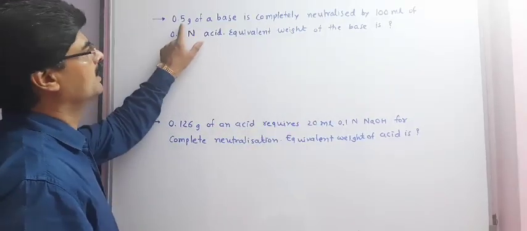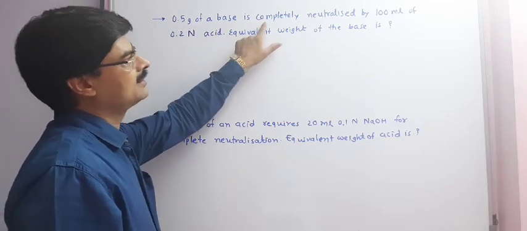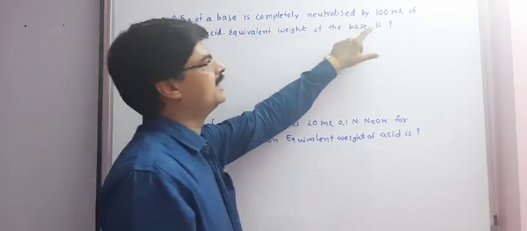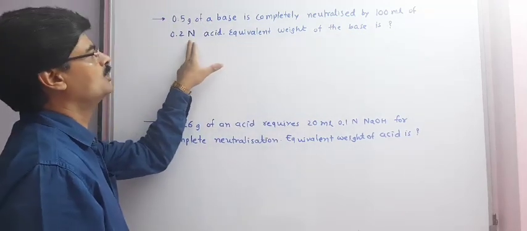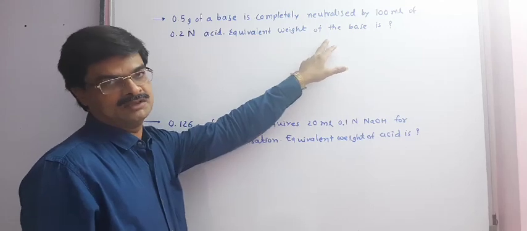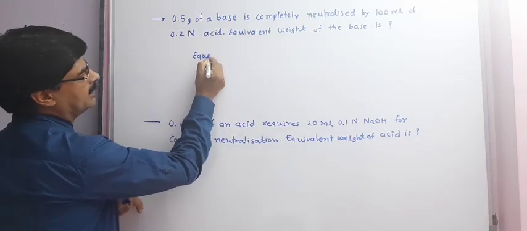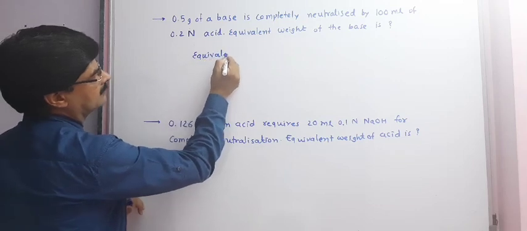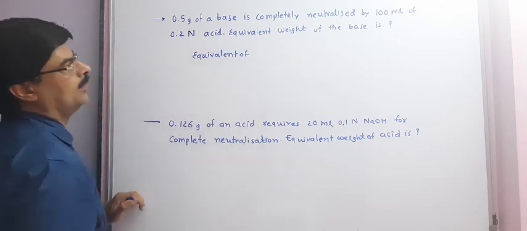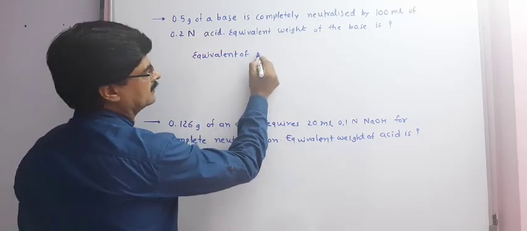In the first numerical, 0.5 gram of base is completely neutralized by 100 ml of 0.2 normal acid. Equivalent weight of the base is what? First of all, we will find equivalent of 100 ml 0.2 normal acid.